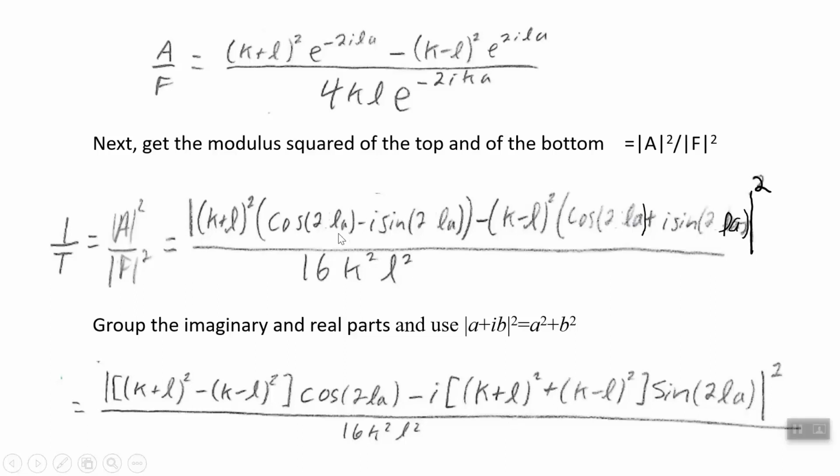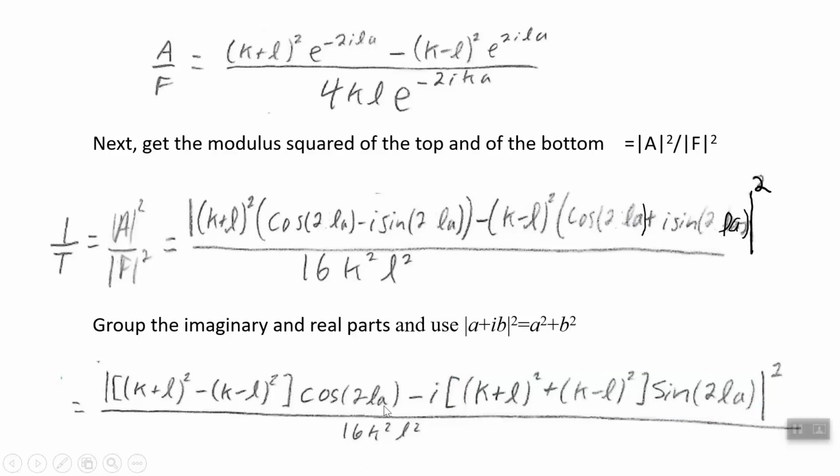At the same time, I had to group the real and imaginary parts together. (k plus l) squared times cosine 2LA minus (k minus l) squared times cosine 2LA is the real part, and that's what's squared here. (k plus l) squared times sine of 2LA, minus (k minus l) squared times sine 2LA is the imaginary part, so that's what you see here.